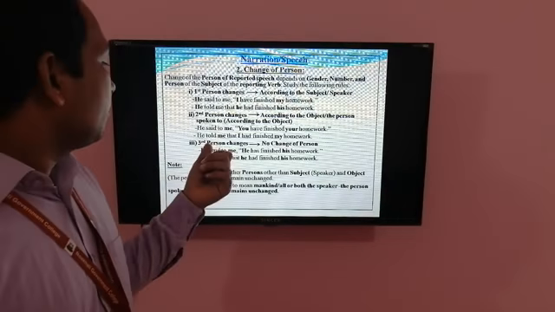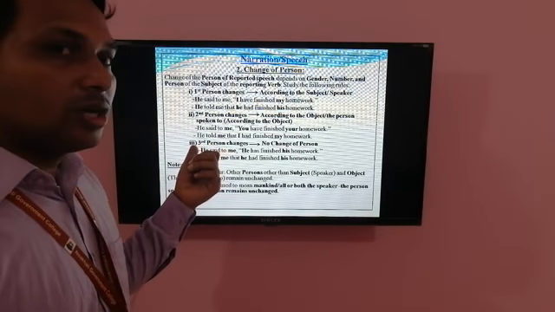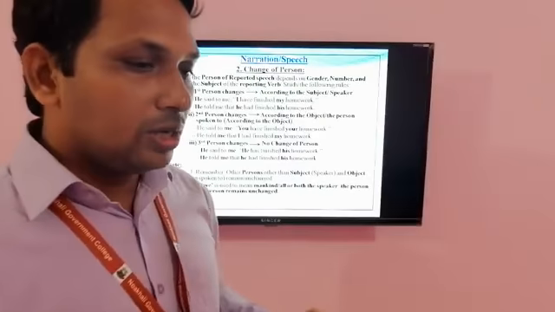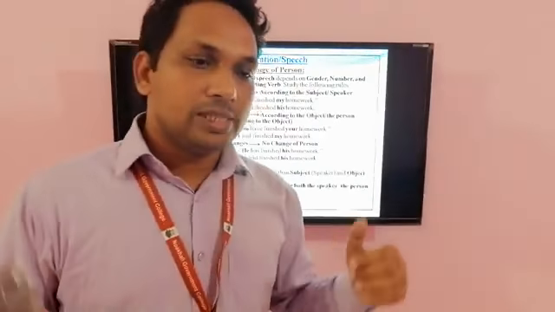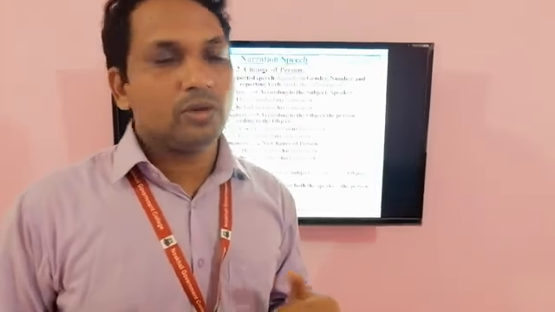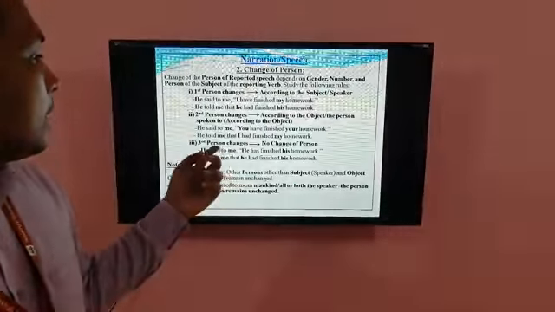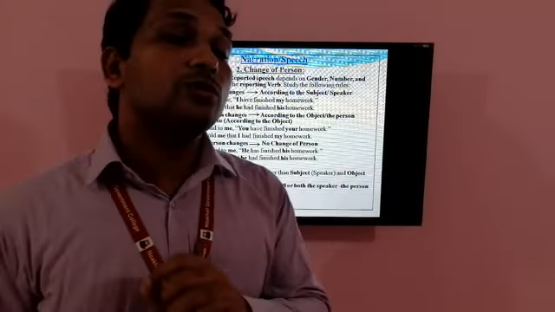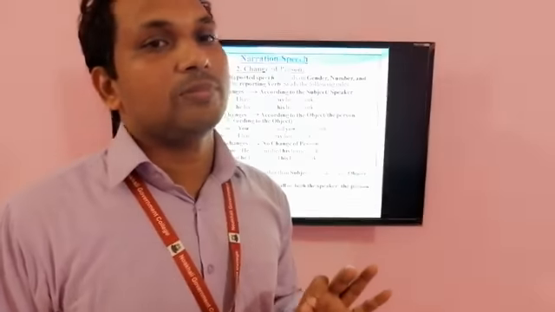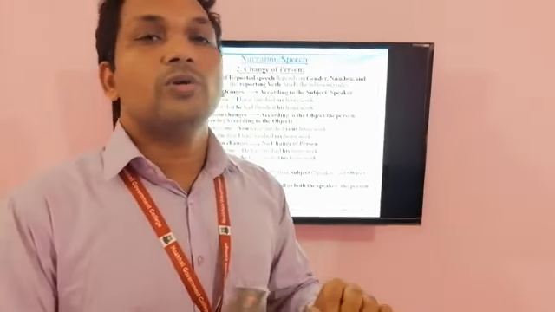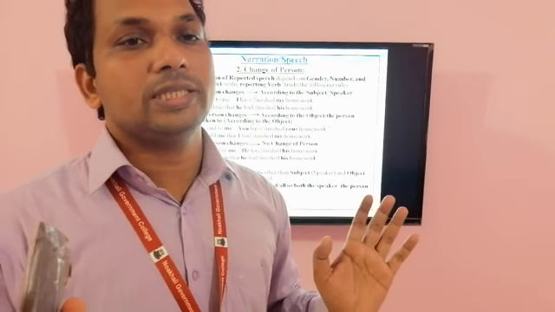Alright. So let's go to the third point. Third person changes. If you find any third person inside your reported speech, how will you change them? Third person: no change of person. That means you don't have to change them. If you come across any third person inside your reported speech, you need not change them.